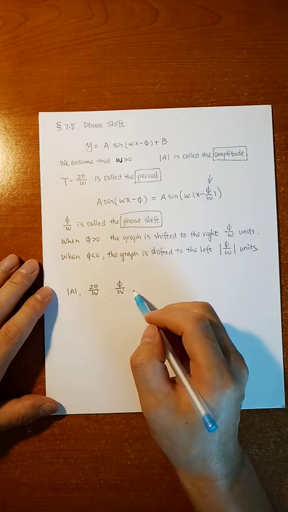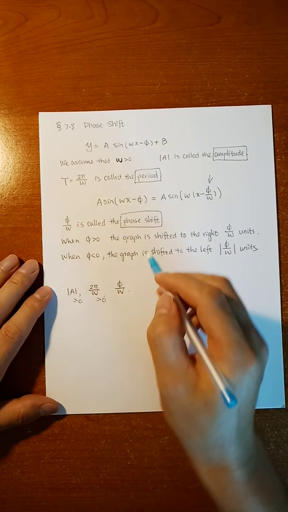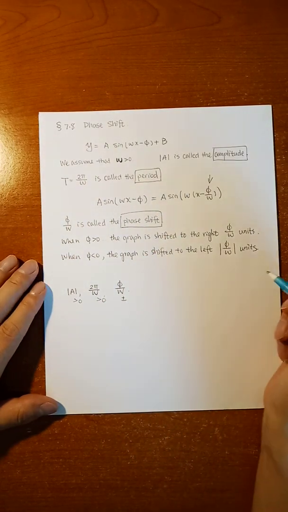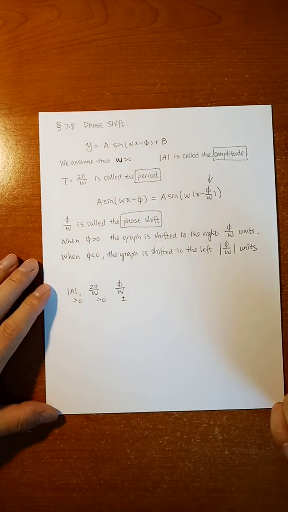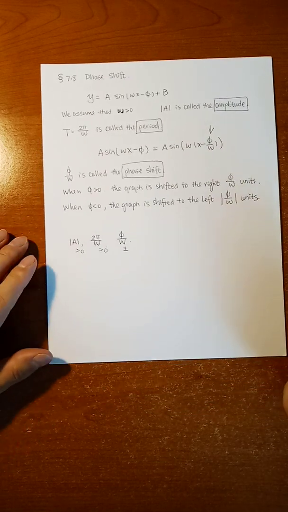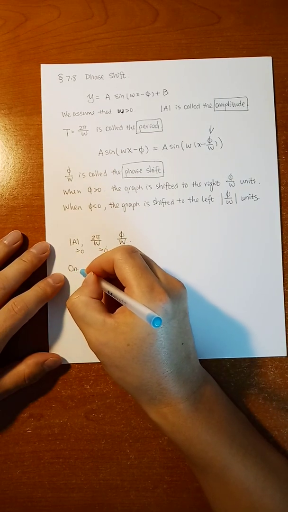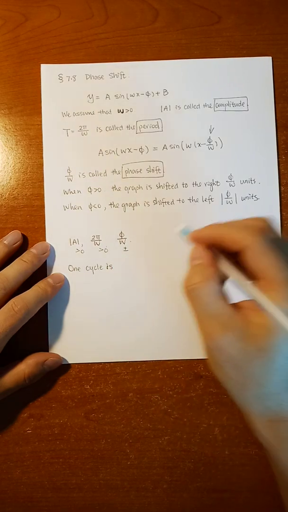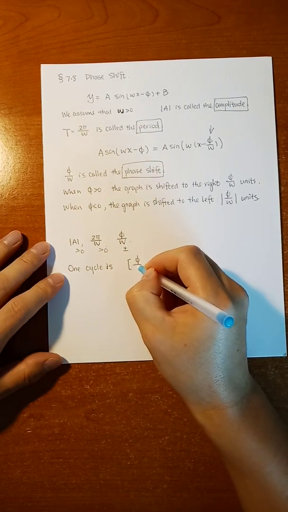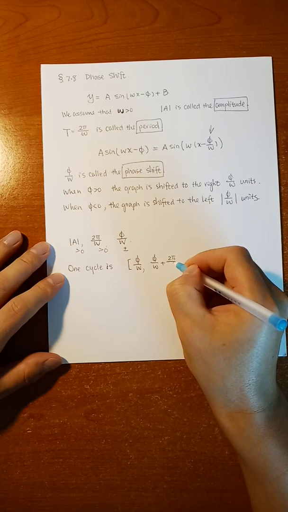The first two are positive numbers. The phase shift can be positive or negative: positive, you shift to the right; negative, you shift to the left. One period, or one cycle, is from phi over w to phi over w plus 2 pi over w.